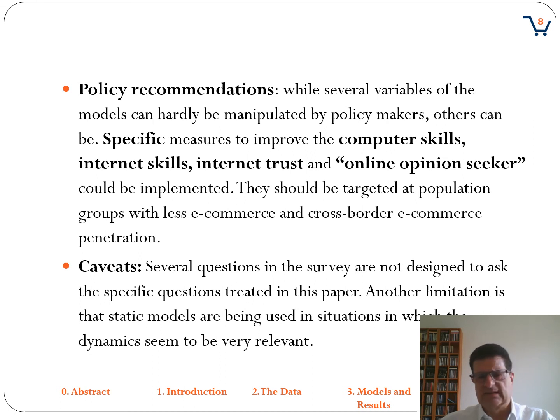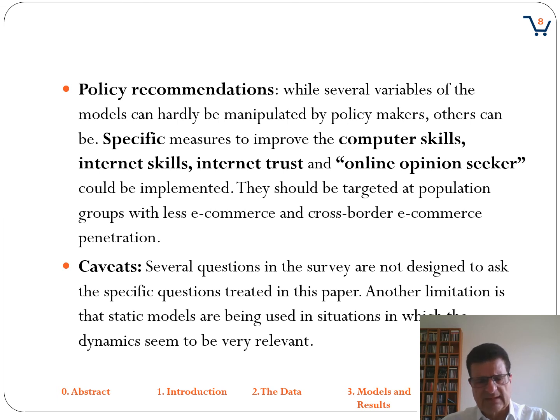So essentially we come always to the same idea that education may help. Education on computer skills and internet skills. And that is a big conclusion and supports the ideas of the European Commission that push for education in this type of markets.